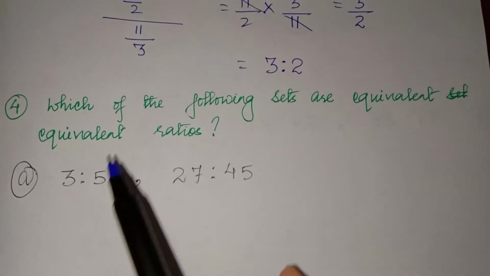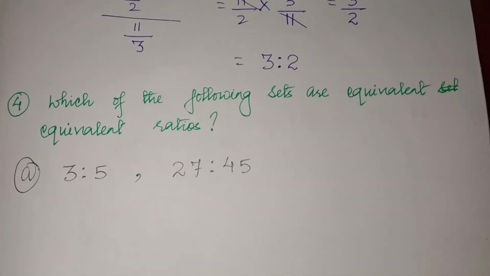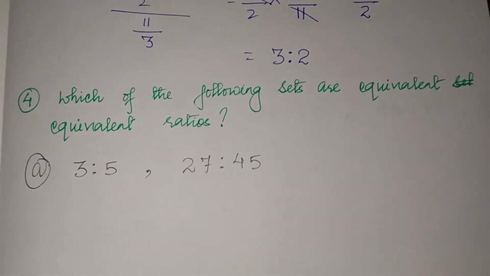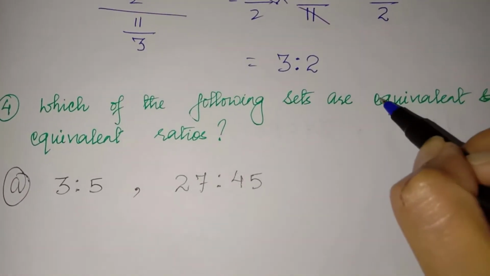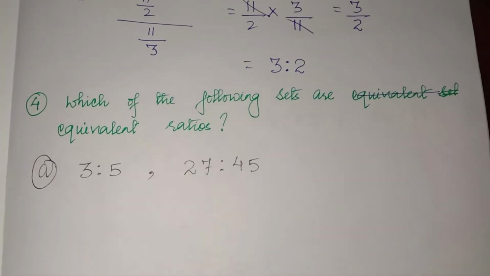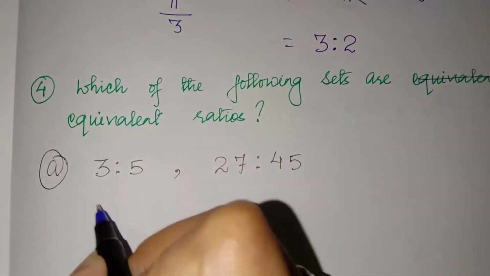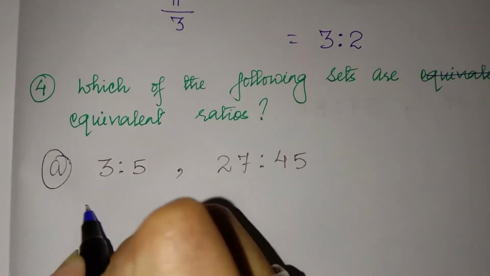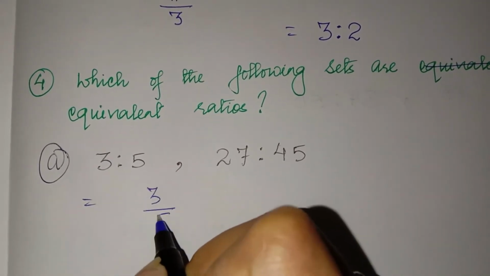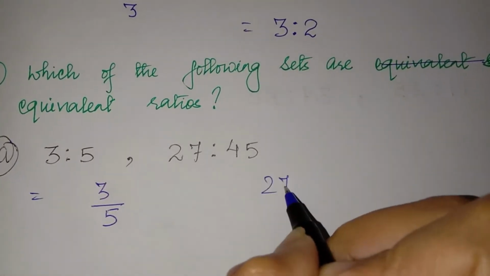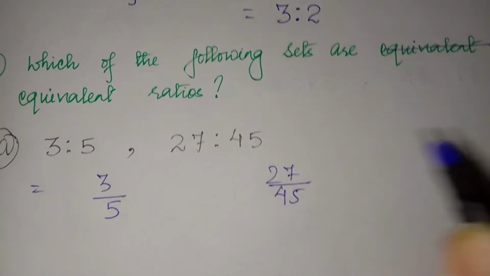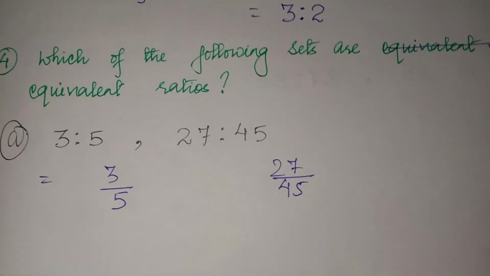So next question is question number 4. Which of the following sets are equivalent ratios? Equivalent ratios, you have to check. Equivalent means whether they are equal or not. First one is 3 by 5 and another one is 27 by 45. Let's reduce into smaller one.